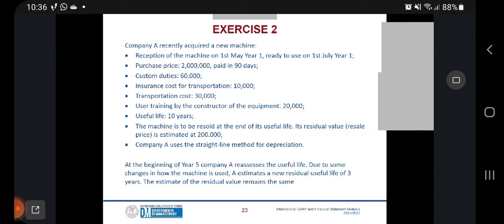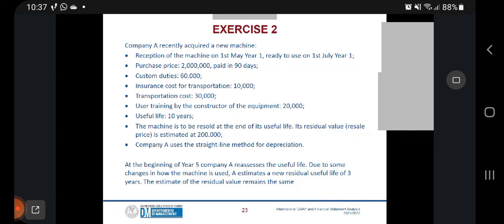Another useful information is the useful life, 10 years. But please pay attention, this machine is to be resold at the end of its useful life. Its residual value is estimated at 200,000. This is useful in order to compute the value of the depreciation. And then company A uses the straight line method for depreciation.